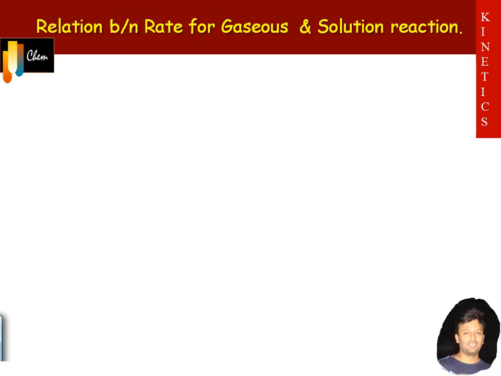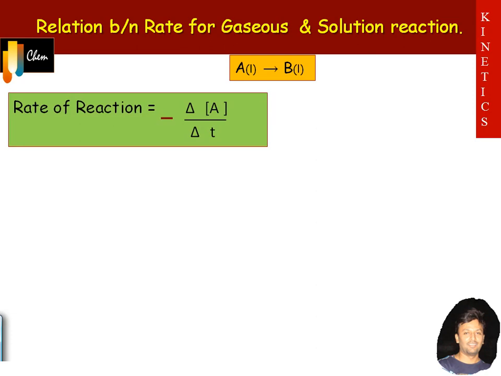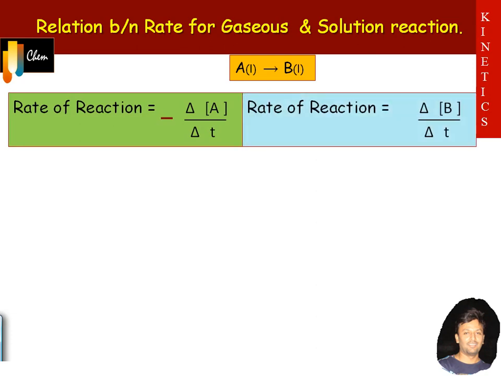Now let's understand the relation between rate of reaction taking place in gaseous and solution medium. Let's consider a reaction taking place in liquid medium. Its expression can be written in terms of concentration: for A, decrease in concentration of A per unit time, and for B, increase in concentration of B per unit time.